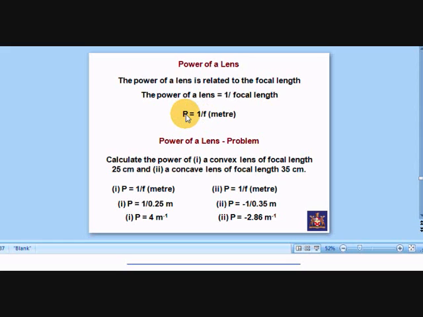This is one of these inverse relationships again, meaning that P is equal to 1 over F, and F is under the line, so the larger F, the smaller will be P, and that's an inverse relationship. So basically, if you've got a lens that can focus the rays to a very short focal length, it's a powerful lens. That's the idea. And you've got a couple of examples then for that.